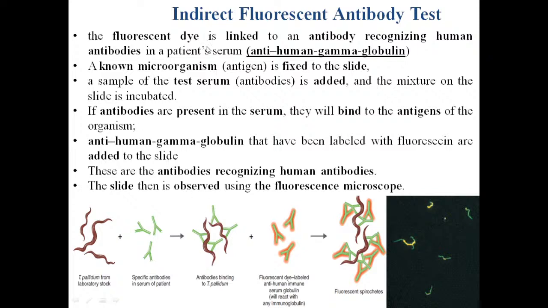In indirect, fluorescence dye is linked to antibodies that recognize human antibodies in patient's serum. This method is used to detect antibodies. If direct method is used to detect antigen, bacteria in clinical specimen, indirect is used to detect antibodies in serum.